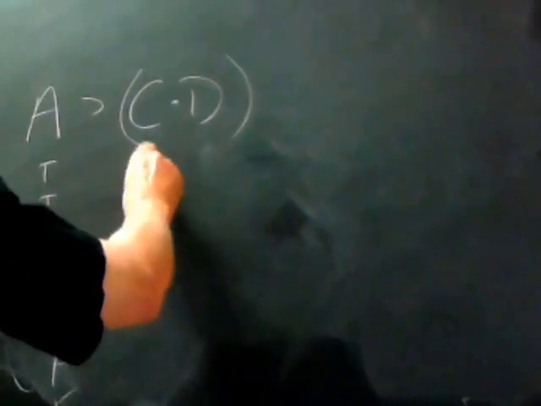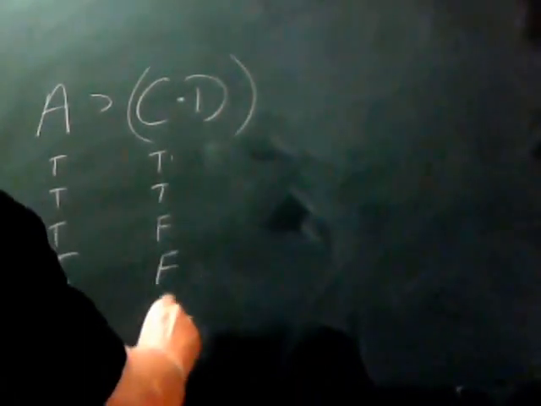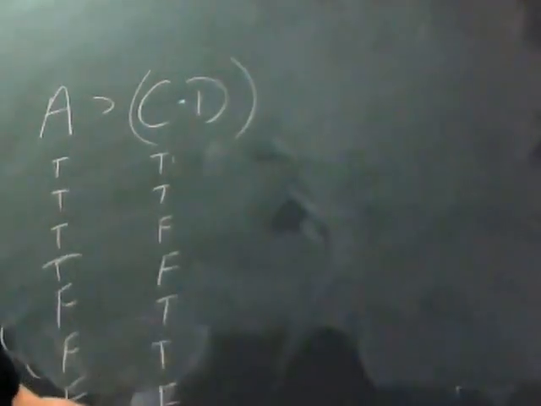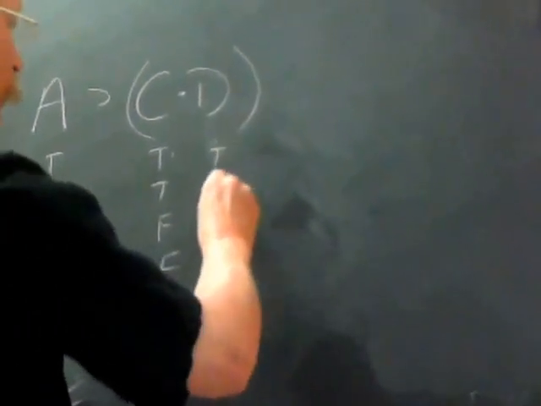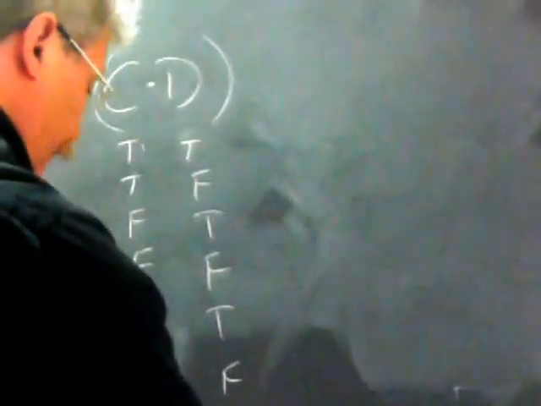So we're going to make 4 trues and then 4 falses in order to get 8 lines. And then we're going to have 2 trues and 2 falses under the C, and then 2 trues and 2 falses again. So you see, here's 4 and 4, then here's 2 and 2, 2 and 2, and now we're going to half that again to 1 and 1, TF, TF, TF, TF.